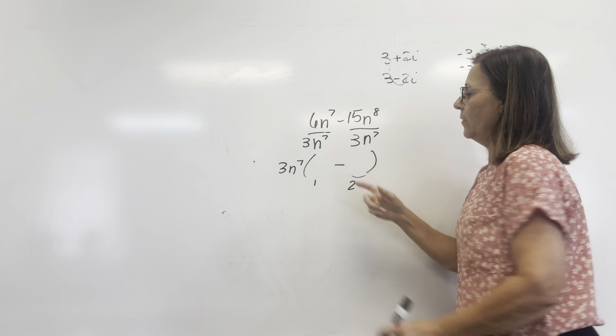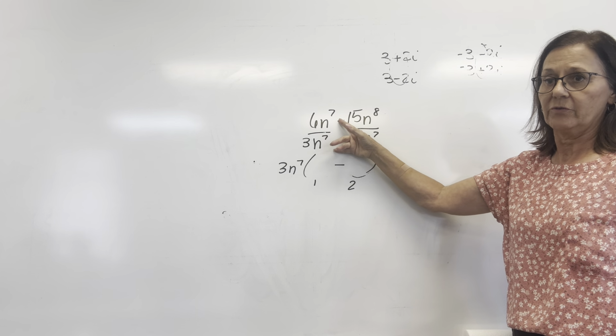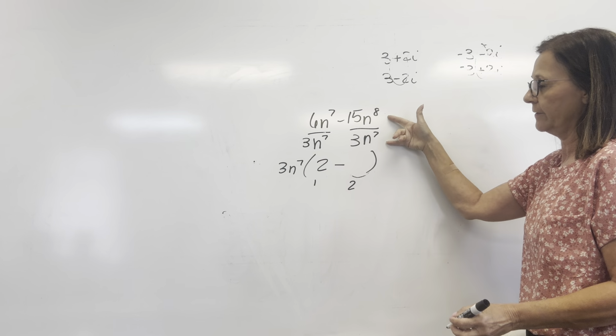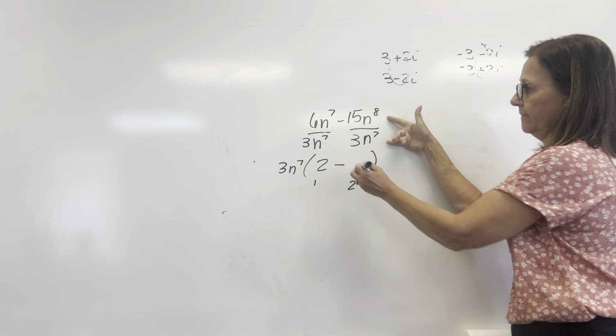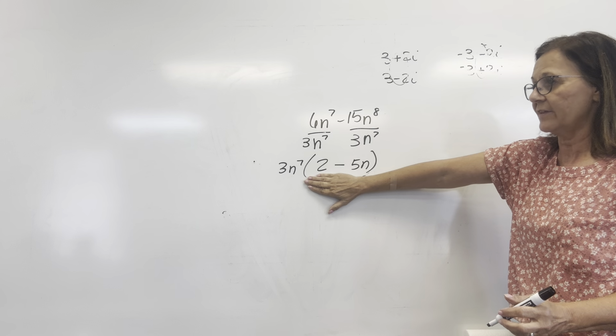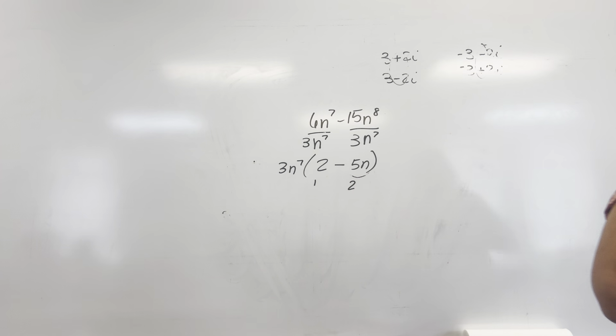All right? Now when I factor out the 3n to the 7th, what am I left with, Locke? 2. And my second term, what am I left with? 5n. So that's the answer. 3n to the 7th times 2 minus 5n. Does that make sense?